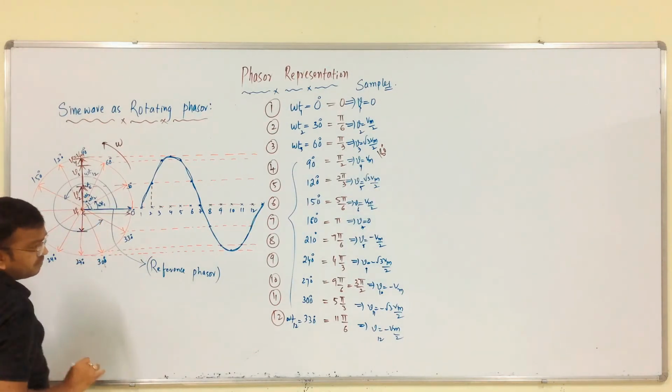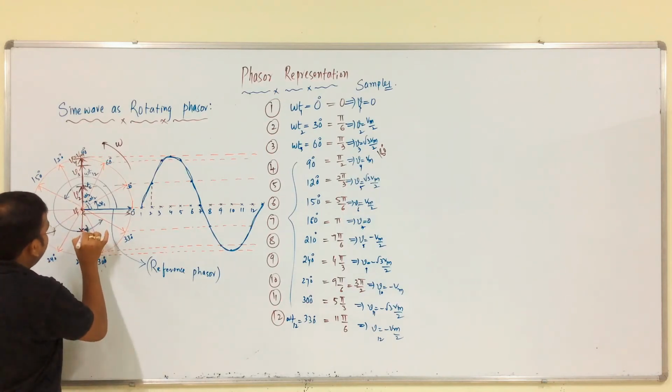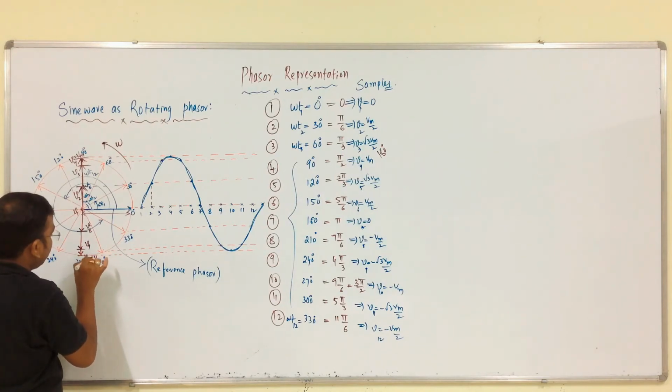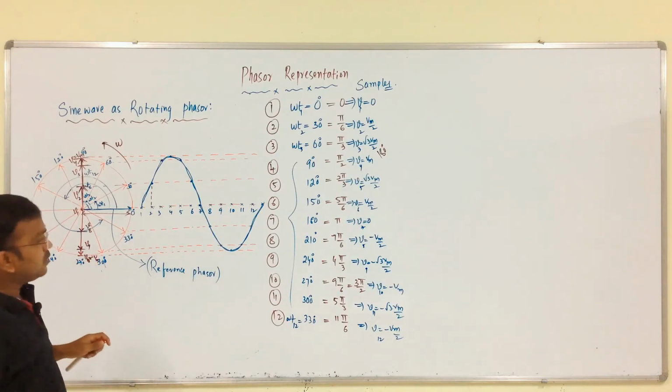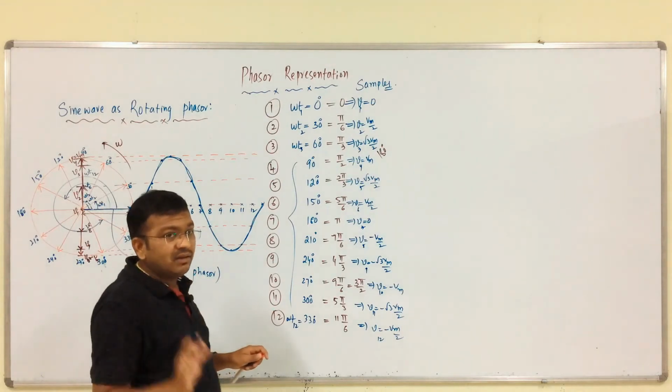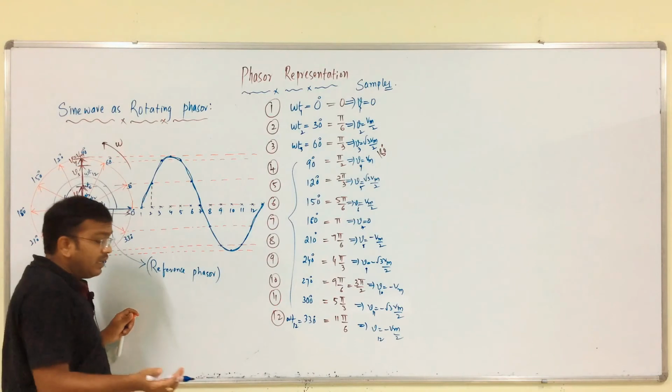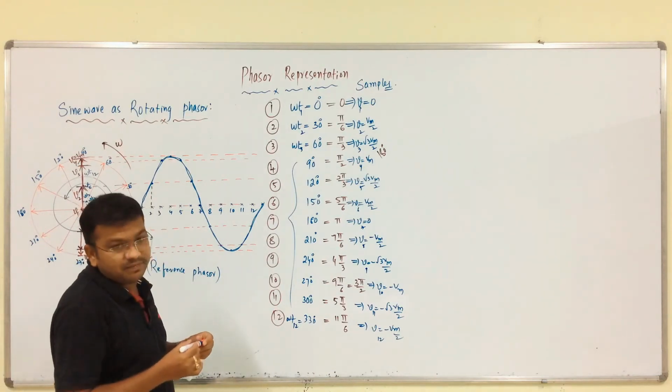This is the eighth sample, V8. Then V9, and again we have V10, which is equal to minus Vm. So, in any case, there is no change in the maximum value, but for different instants, we get different instantaneous values of voltage.